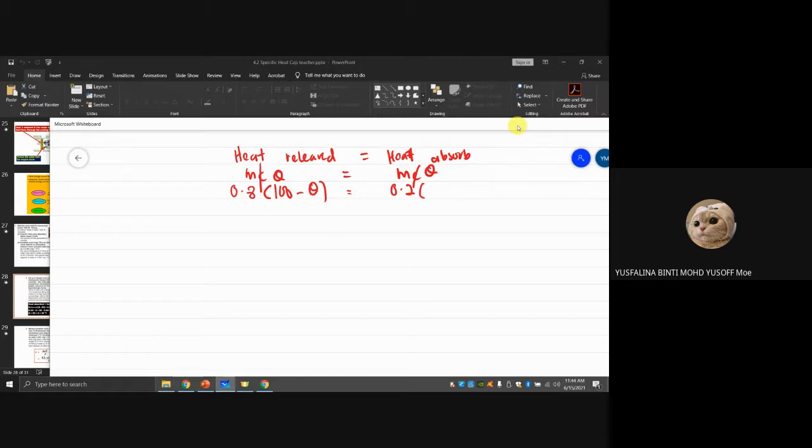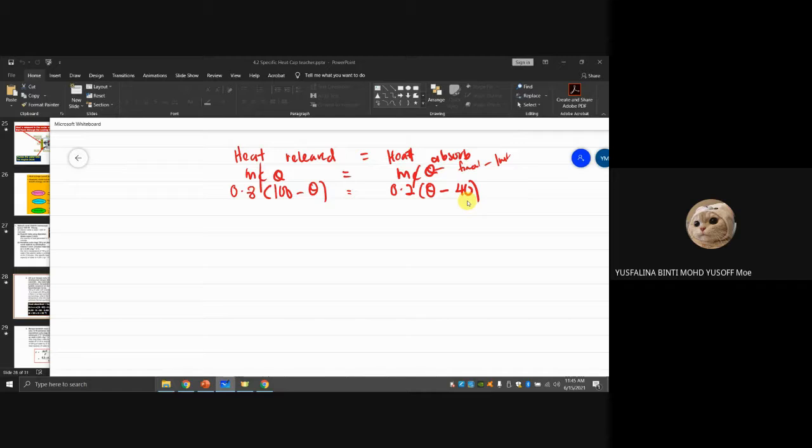So it should be theta minus 40. The final temperature is higher than the initial temperature, because theta is final minus initial. So this one is the final temperature you want to find minus the initial temperature 40.